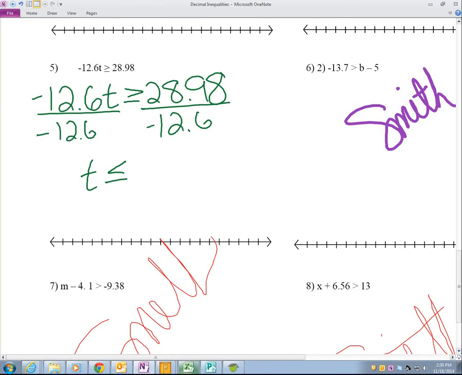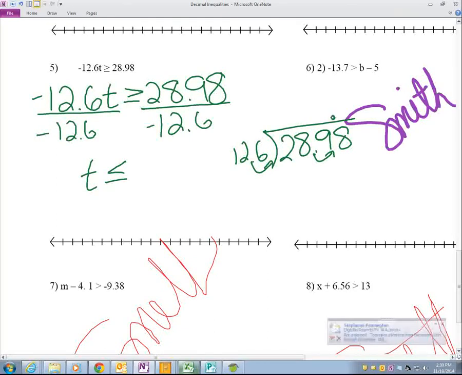Now I'm going to do this mathematics. 12.6 divided into 28.98. This cannot be a decimal, so I must move the decimal over 1. Move the decimal over 1. So it becomes decimal right here. Then we can get rid of that, get rid of this. 126 goes in here too.